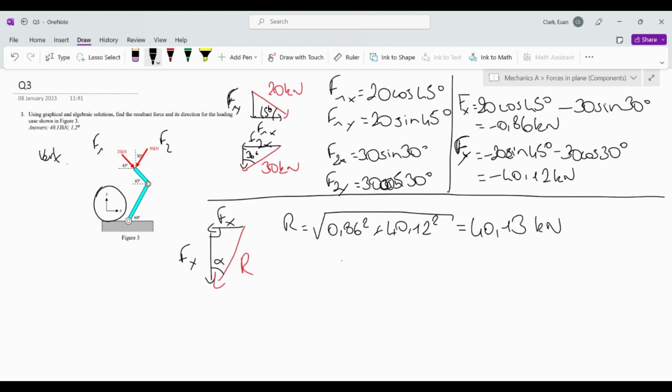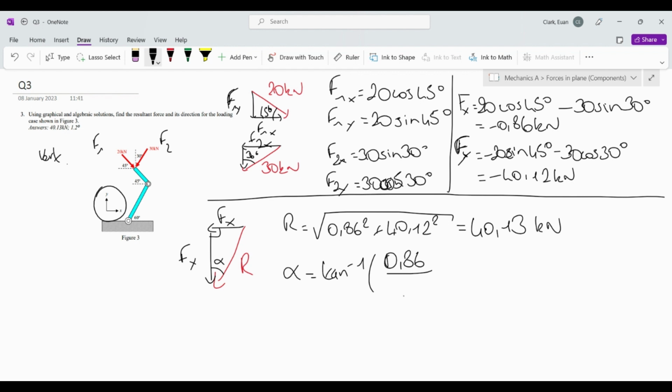And then for alpha, simply tan inverse of, tan is always the opposite over the adjacent. So the opposite of alpha is Fx, and Fx is 0.86. So always take the positive values, always take the absolute values when you're calculating alpha, otherwise it'll give you negative angles.